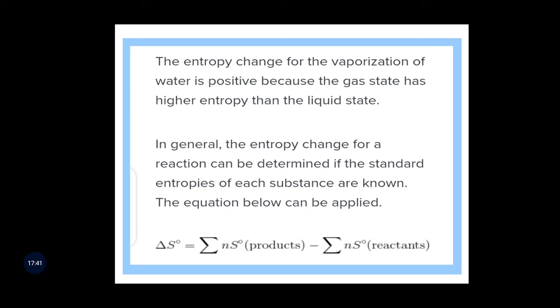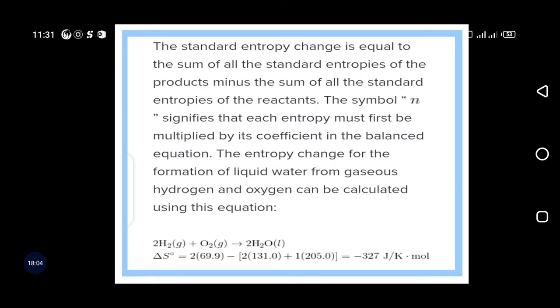Here we have the total entropy of product, that's summation, minus the total entropy of reactant, or let's just call it summation of entropy of product minus the summation of entropy of reactant will give us the change in entropy.